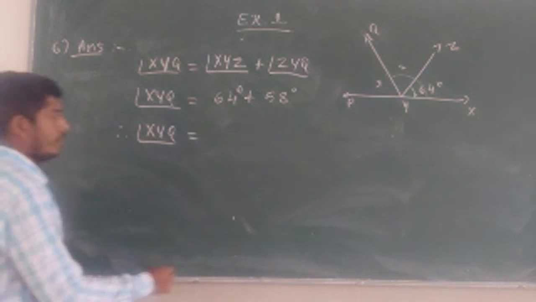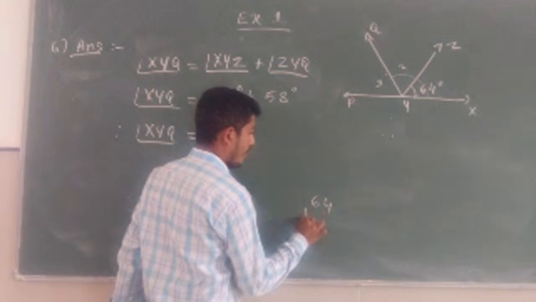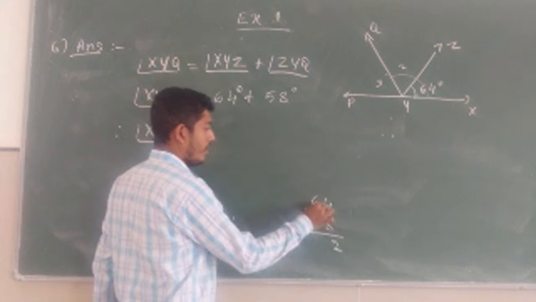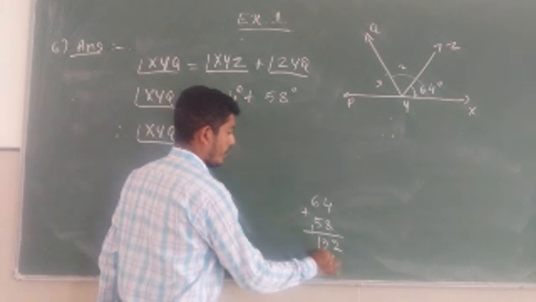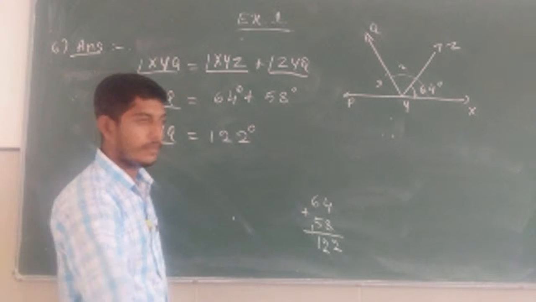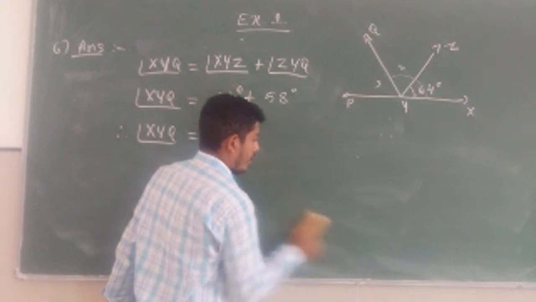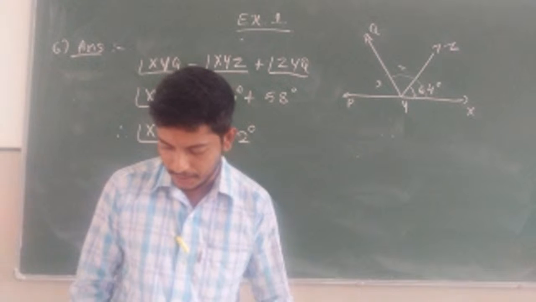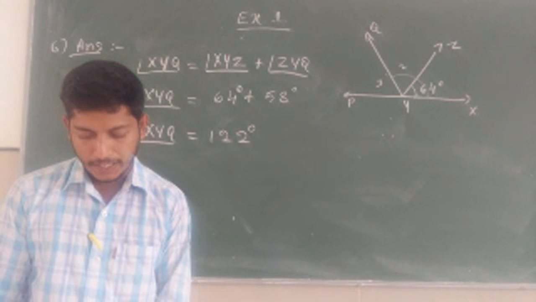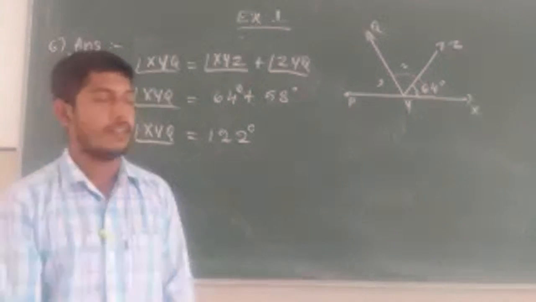So here 64 plus 58: 8 plus 4 is 12, 6 plus 6 is 12, so 122. Now you found the first part. Then we have to find the reflex of angle QYP.